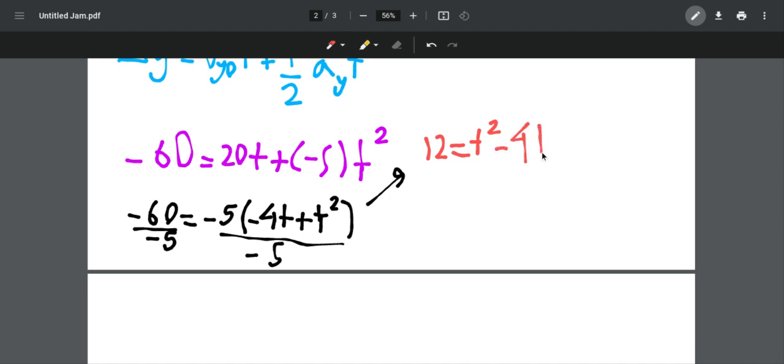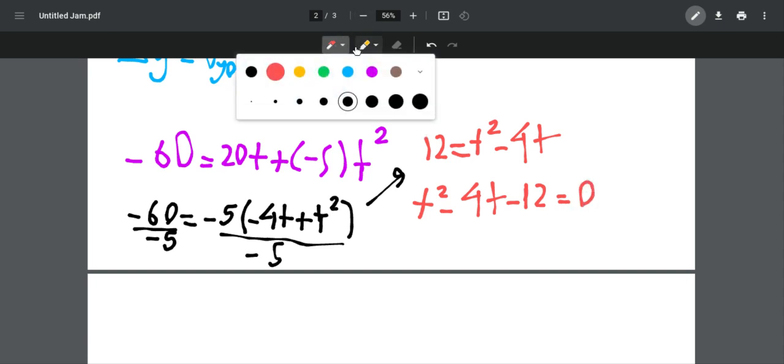Now we can subtract 12 from both sides. So we get t squared minus 4t minus 12 is equal to 0.